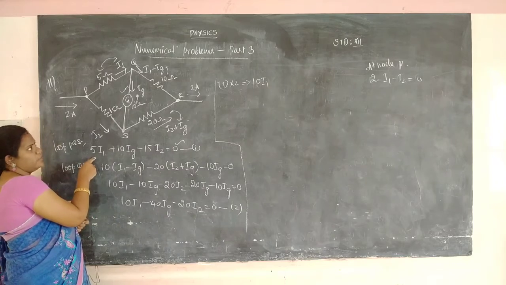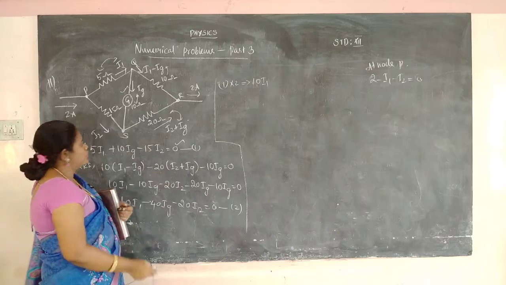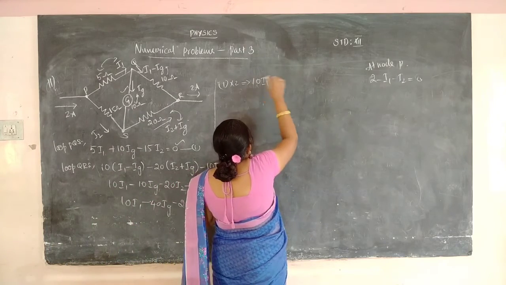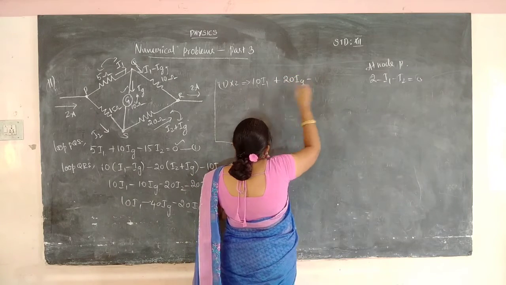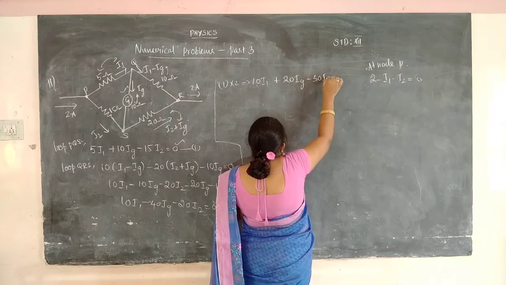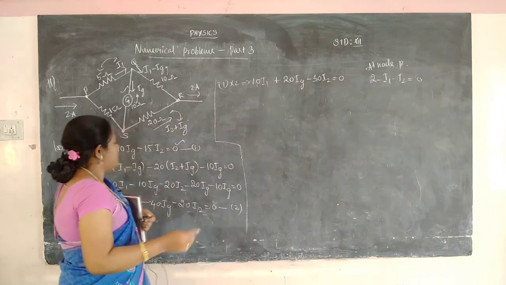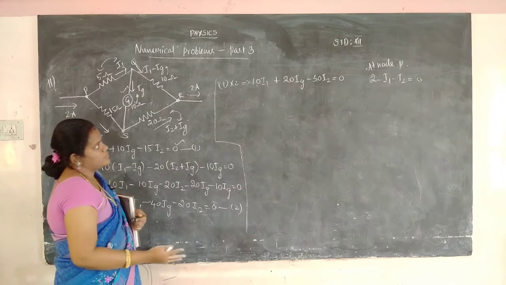Multiplying by 2, we get 10 I1 plus 20 IG minus 30 I2 is equal to 0.